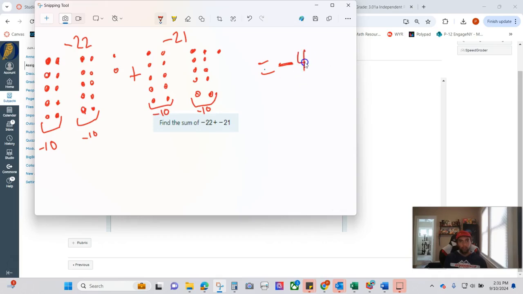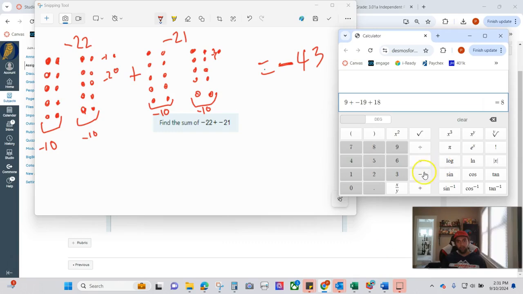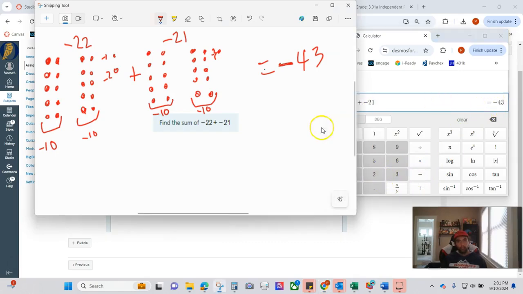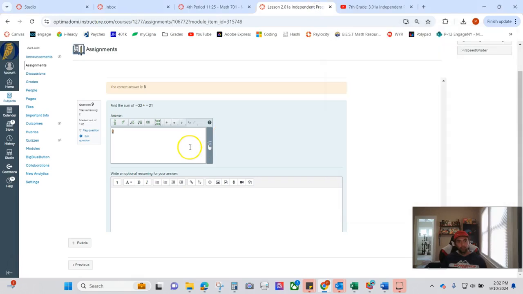So I think we lost 40 something. 41, 42, 43. I think we had a loss of 43, negative 43. But let's test it out with our calculator. Negative 22 plus negative 21 is negative 43. Yes, it is. Negative 43.